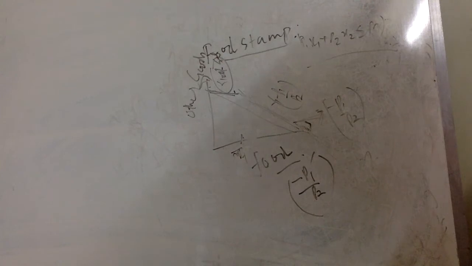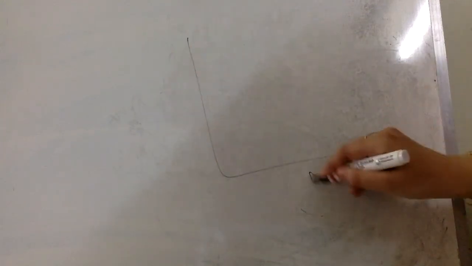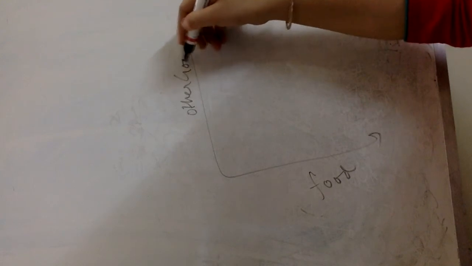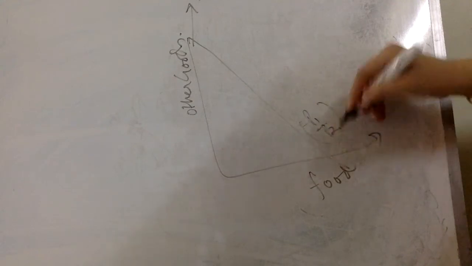Now a next point in addition to it is, if I give you 100% subsidy, which means now instead of less than 100% subsidy, I plot here this minus P1 by P2 as the slope.